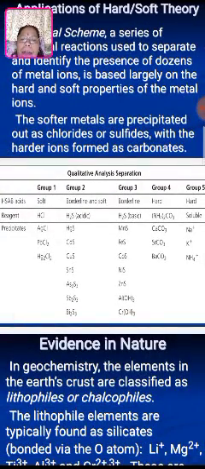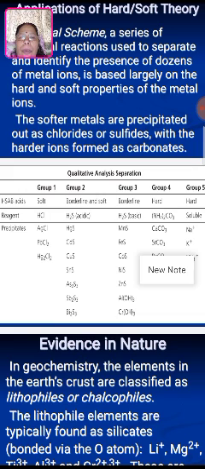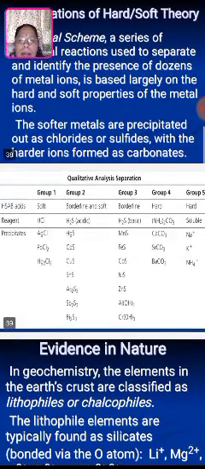The table shows group 1, where the reagent is HCl and the precipitates are silver chloride, lead chloride and mercury chloride. Group 2 is borderline and soft. Group 3 is also borderline. Group 4 is hard, because of large size and lower oxidation state. Group 5 is also hard.